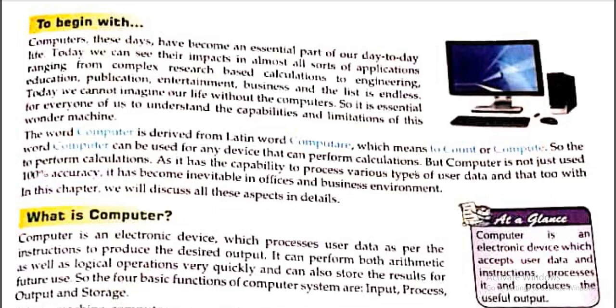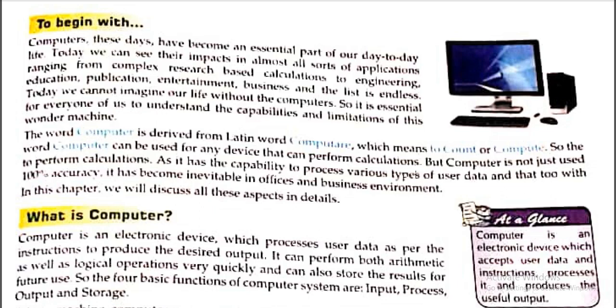Before starting, let me explain what is the need of the computer. In this time, computers, mobile phones, and the internet are necessary things for humans, because our daily lives become dependent on the mobile phone, the internet, and the computer.